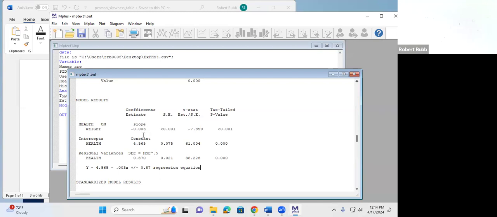And then if we go to our intercept, again, that's the constant. So when weight is 0, this is the average self-reported health. Obviously, that doesn't make sense because weight isn't going to be 0. But that's where the line crosses the y-axis, at 4.565.